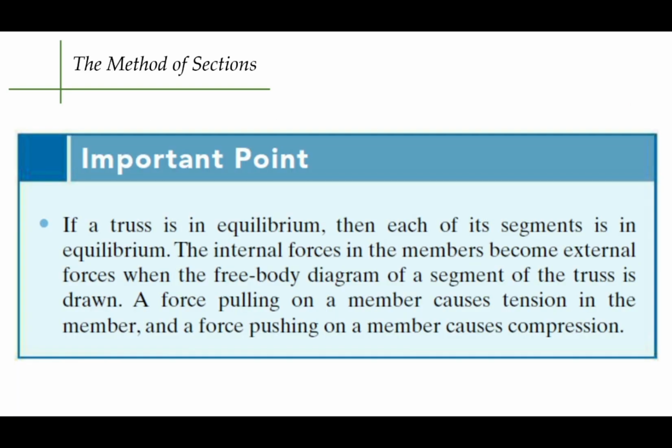Now, if a truss is in equilibrium, then each of its segments is in equilibrium. The internal forces in the members become external forces when the free body diagram of a segment of the truss is drawn. A force pulling on a member causes tension in the member, and a force pushing on a member causes compression.